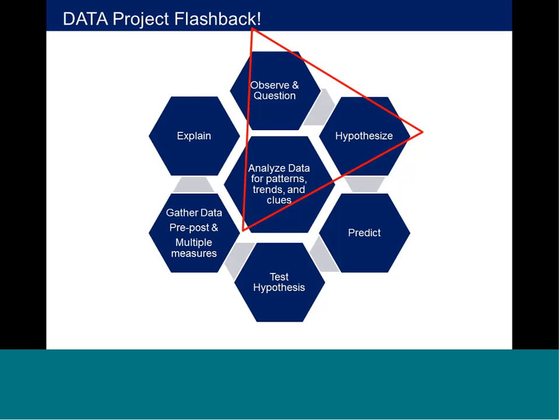At the heart of action research, we're constantly analyzing our data for patterns, trends, and clues, and that leads us to a hypothesis. We don't just get a hunch based on nothing. It's really based on the data. And then based on that hypothesis and what we might know about evidence-based strategies, we come up with predictions.